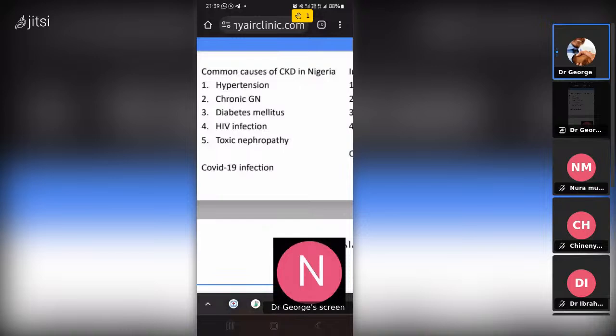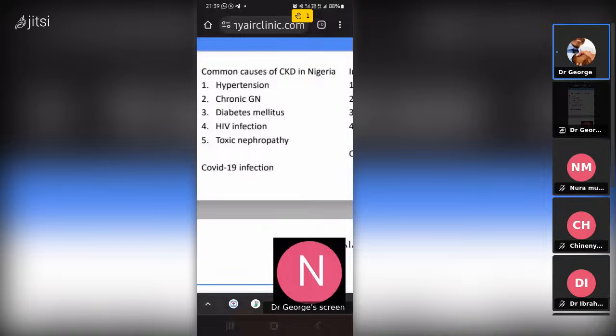So etiology, the list of causes is not exclusive. We've already talked about it. So just know that other things that may be important include family history, just the usual cardiovascular risk factors. There's the modifiable, and there's the non-modifiable.